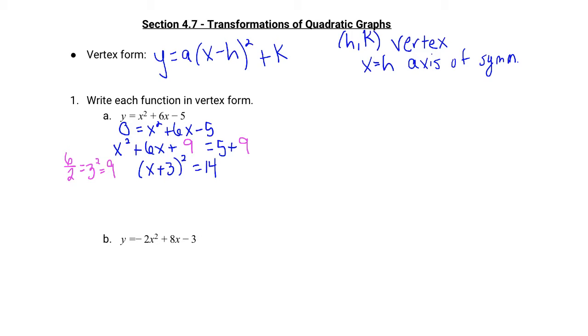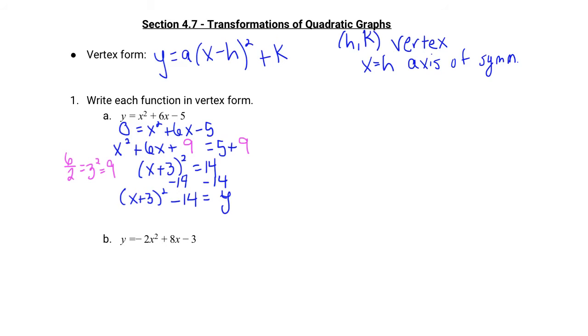Now, if we wanted to solve this, we would take the square root of each side and solve for x. But in vertex form, we want to keep our equation. So what we're going to do is take our 14 and put it back on the other side and have x plus 3 squared minus 14, and that equals y.